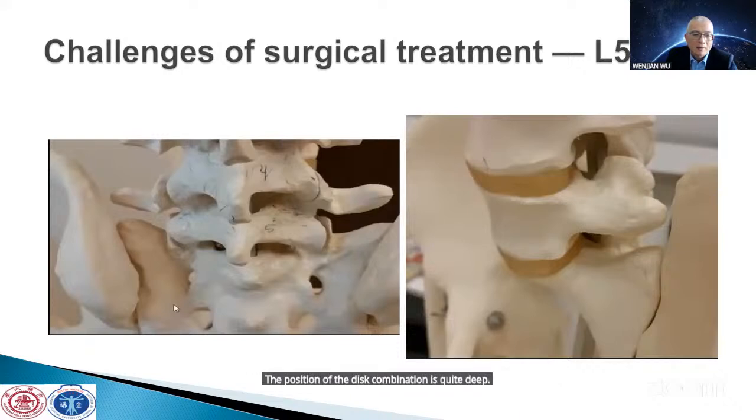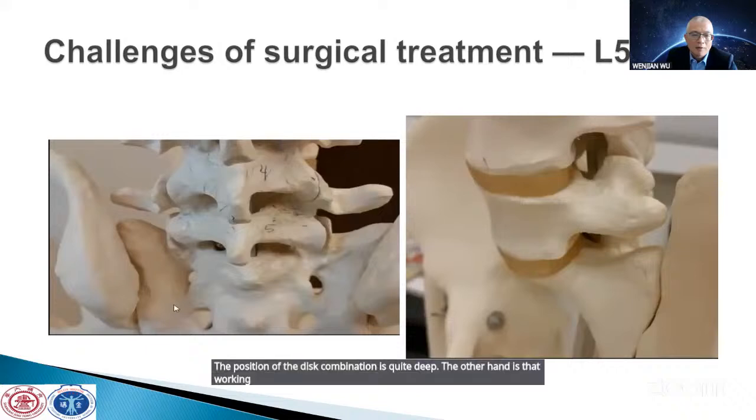The other is that the working window for extraforaminal L5S1 disc herniation may be obstructed by the big L5 transverse process and the ala, and also the iliac crest will make the approach and the surgery very difficult, no matter whether you use the microscope or endoscope. So I think the following speaker will give us more detail about this difficulty.